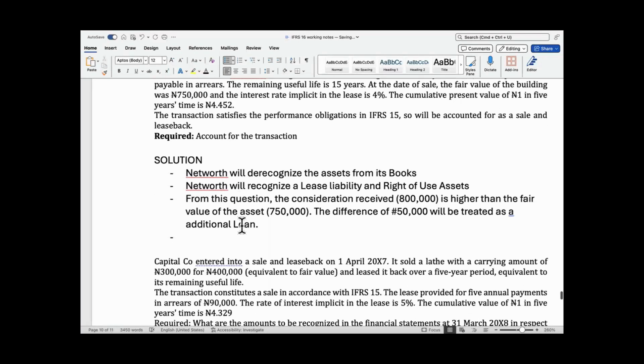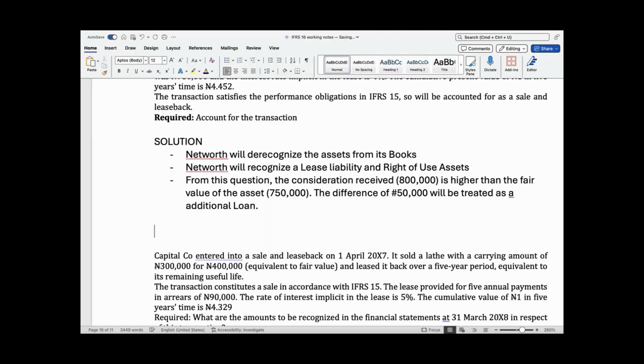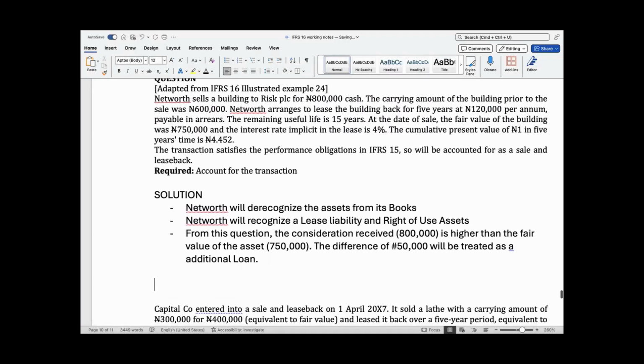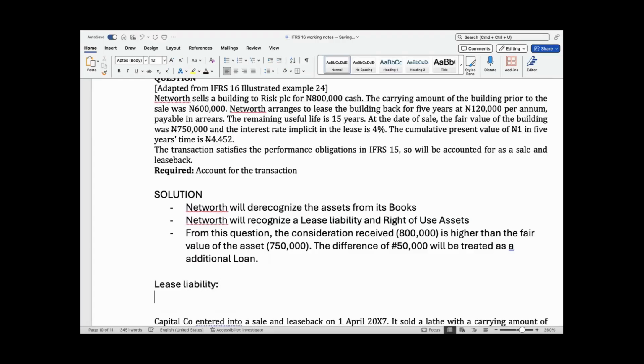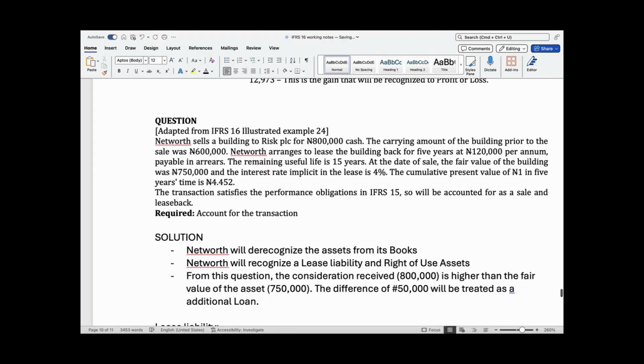So let's do the breakdown. First, the lease liability. We're given the PV. Are we given the PV of lease rentals?